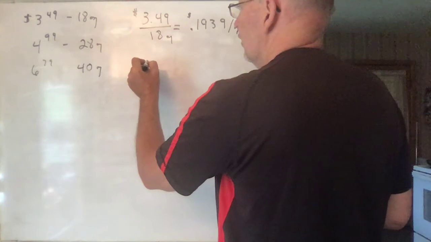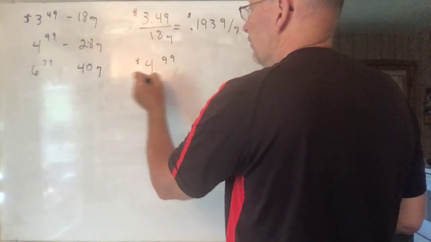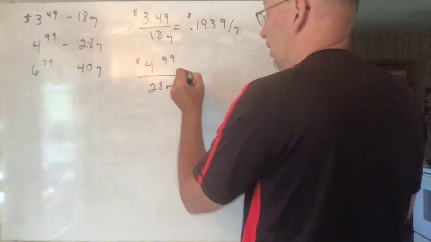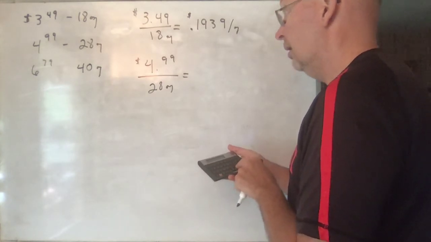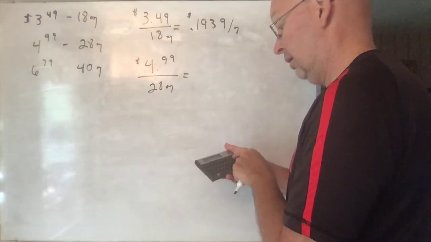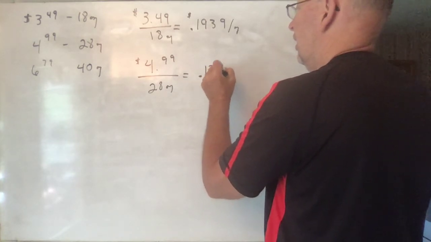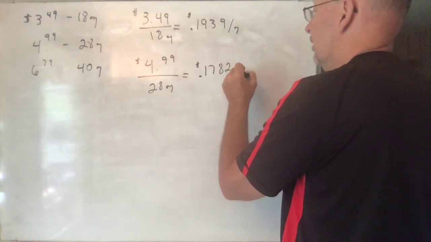On the other hand, if you go $4.99 divided by 28 ounces, you get $0.178 per ounce.